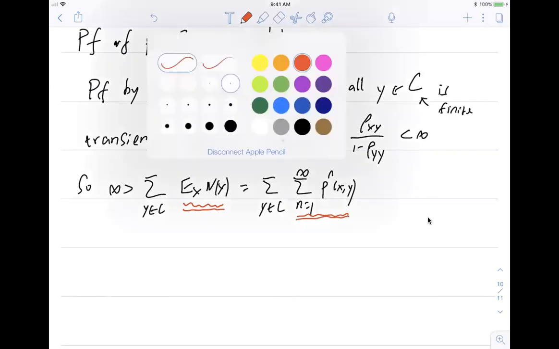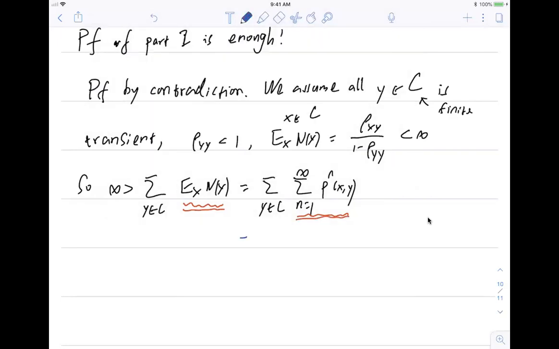And since everything is positive, we can use Fubini, so we just change the order. So what does this mean?